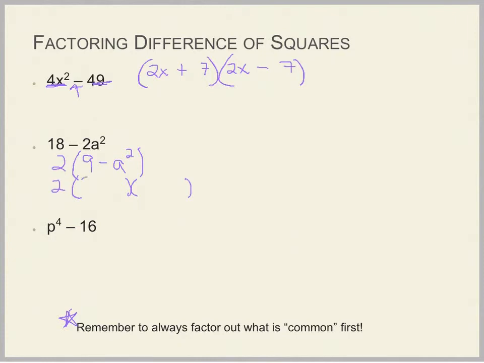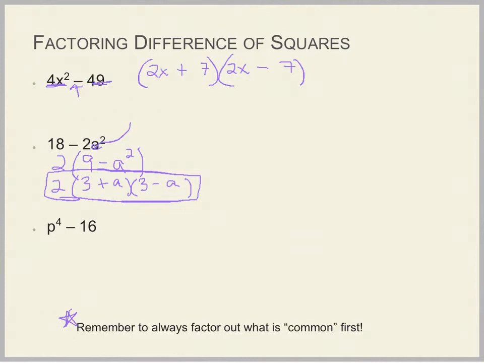That's 3 and 3. And those are going to go in our first slot in the binomial because 9 is in the first position. And we know we're going to have a plus and a minus, and a squared will be an a times an a. So 2 times 3 plus a times 3 minus a is the solution to the factored form of 18 minus 2a squared.